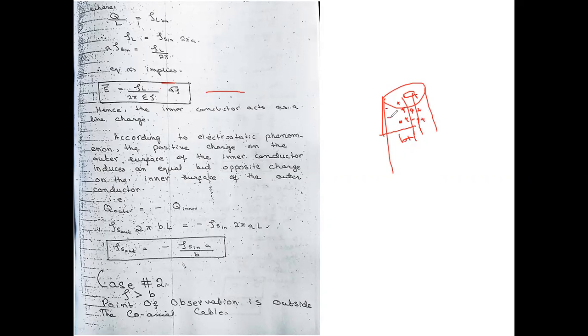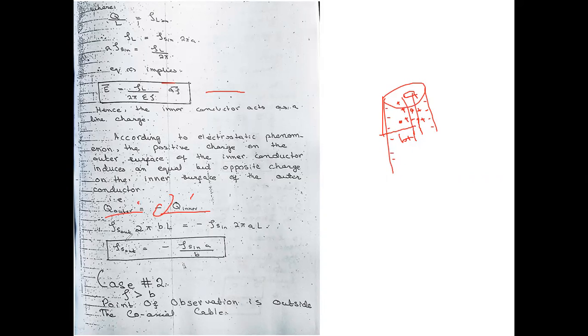So now we will have the equal and opposite charges on the inner surface of the outer conductor. So Q outer will be equal to minus Q inner, same in magnitude but opposite in direction. The one is positive, the other will be negative.